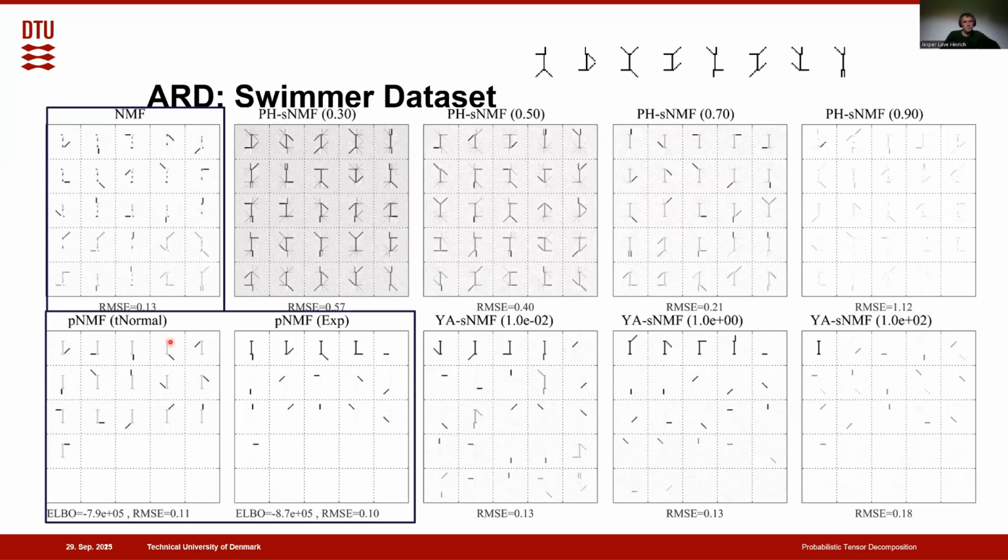If you do a probabilistic NMF either with the truncated normal or the exponential, you kind of see 2 possible solution spaces. So now every limb has its own component as it should, and we have a lot of 0 components because there's no reason to use those.